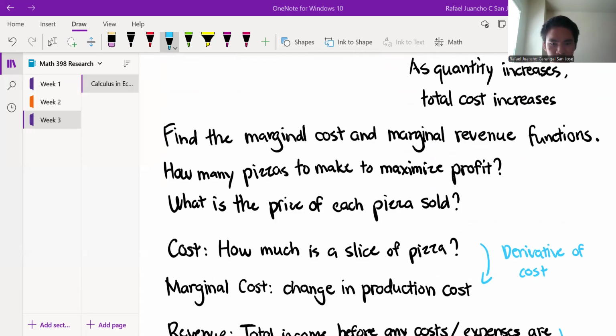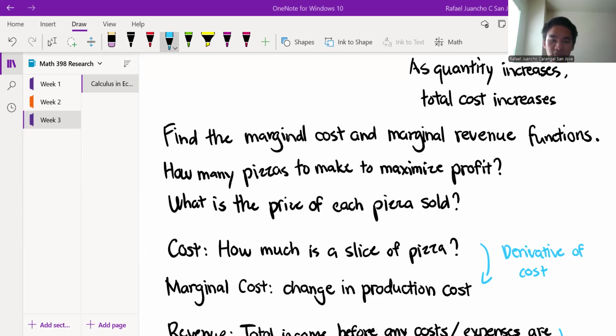Okay, so the first thing we want to do is focus on getting our marginal revenue.